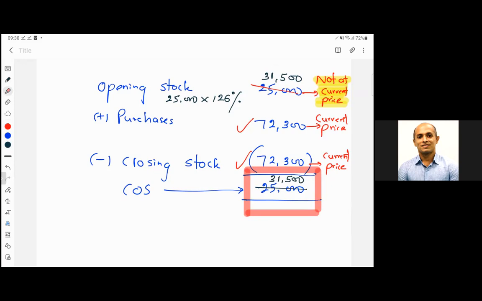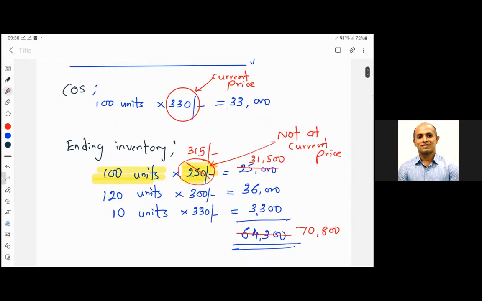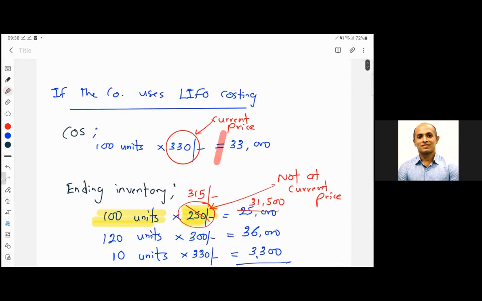Now you see this is close to the current cost of sales at current cost. If you apply the LIFO method, you get cost of sales at current cost only when you apply the LIFO method. So if you apply the LIFO method, your cost of sales is 33,000.